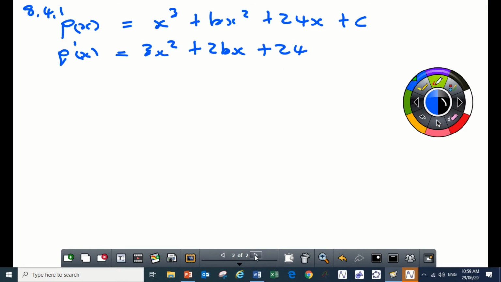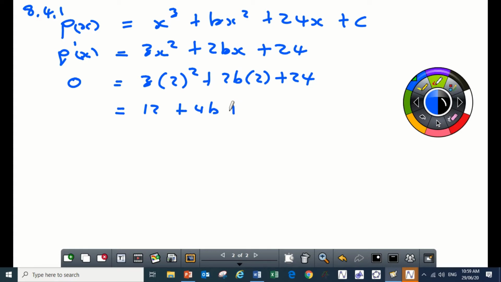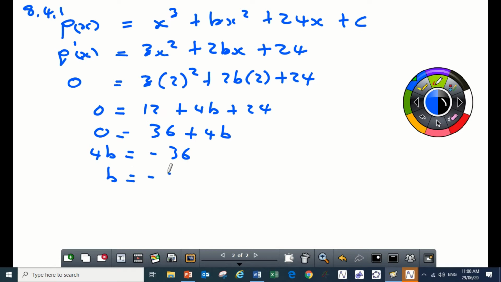So here, our y is 0. So you get your 4b being equal to minus 36 and then b equal to minus 9. The question is saying show.